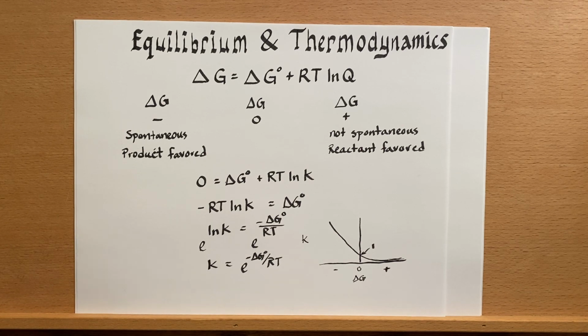And those are very product favored, and they have a negative delta G to go along with it. So this is the relationship between equilibrium and thermodynamics. And we can explore some more of this when we look at what happens with changing temperature and how we can use that to our advantage to determine other thermodynamic properties.